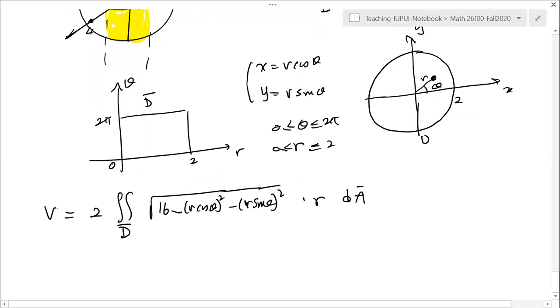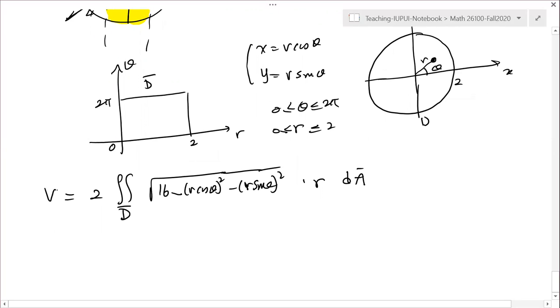Then you can change this double integral on the rectangular domain to an iterative integral, using the traditional way. It doesn't matter which order. You can begin with r from 0 to 2, fix it, then theta is between 0 and 2 pi.